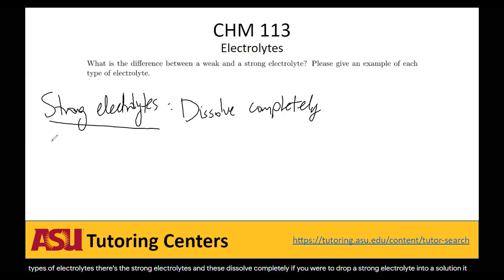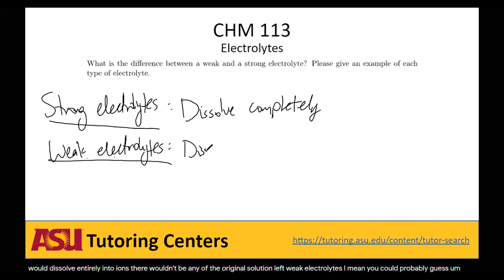Weak electrolytes, you could probably guess, only dissolve partially. If you were to drop a weak electrolyte into solution, some of it would dissolve, but the rest of it would probably settle on the bottom of your solution. It would still be there in its solid state. It won't have dissociated into aqueous ions.